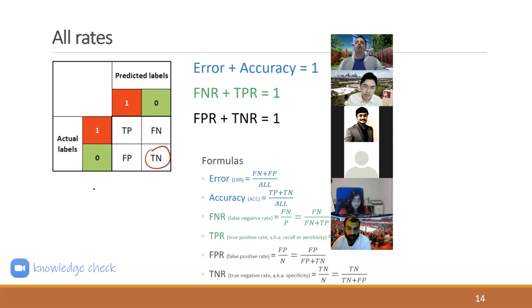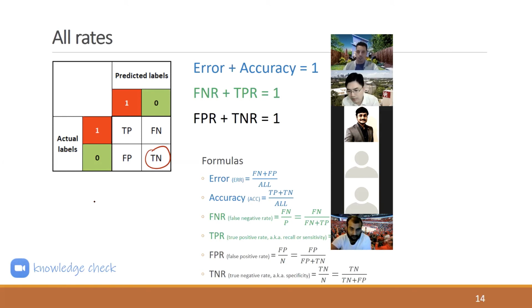But if we change the context into something else, you want to name an example? I'm thinking about medical context. Something interesting.